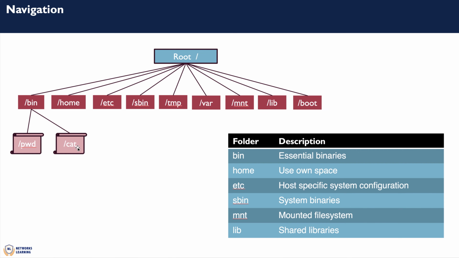You can't just jump into it. You actually need to specify the path for it. So that would be your /, and then where is this file located? It is under this folder, so you need to specify the binaries folder, and then finally cat as a file. So there's a drill down process that needs to take place, and essentially you need to stick to this tree structure. And to navigate, you need to use certain commands.